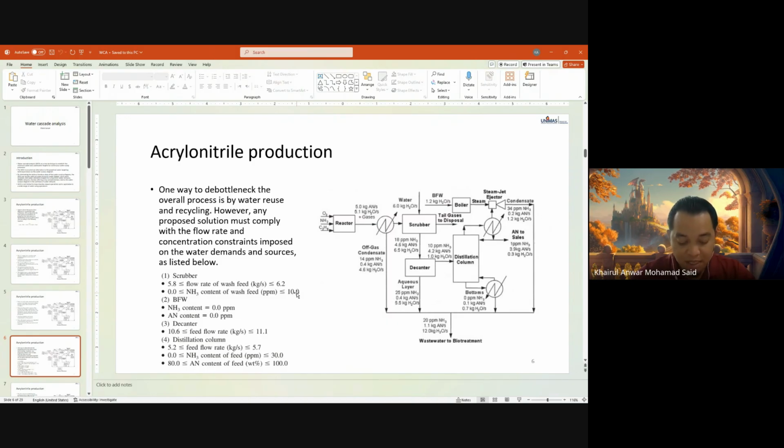So to allow maximum recycled water to enter, we should set the flow rate to a minimum of 5.8 kg per second, and allow its contaminant concentration to rise to the absolute upper limit of 10 ppm.